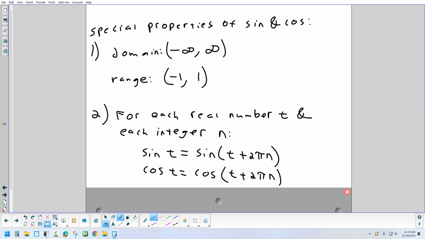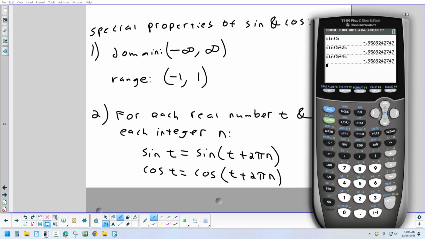The other thing I want to mention about sine and cosine is more how they look. They are connected. They look like a wave. We're going to study what they look like more later on. But that's what sine looks like. And you notice it doesn't go any higher than 1, and it doesn't go any lower than -1.